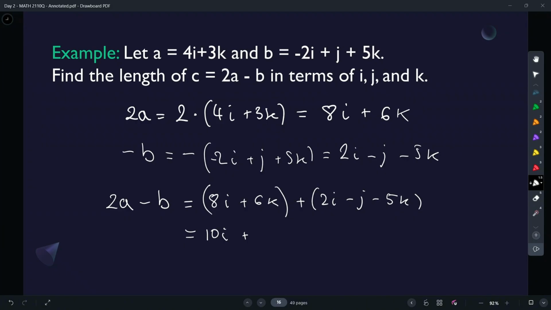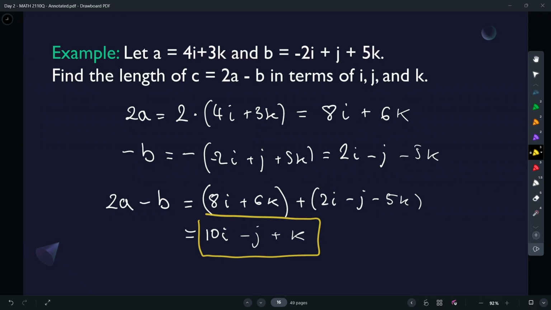There is no j on the first vector, so this is just minus j. So I'm just going to put, instead of plus minus j, just minus j. And 6k minus 5k, I get k. And that's my solution. Please do circle, square, do something to highlight what your solution is in your work. All right? Oh, but that was not the problem.